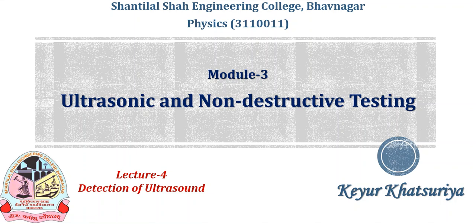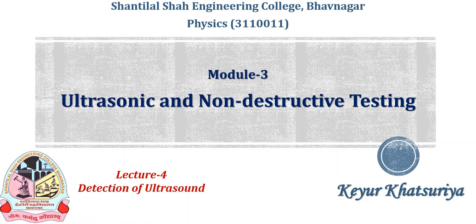In this unit, previously we saw about the ultrasonic production techniques and properties of ultrasonic waves, in which we discussed two ultrasonic generators, namely the magnetostriction generator and the piezoelectric generator.